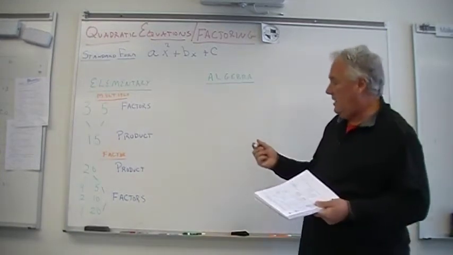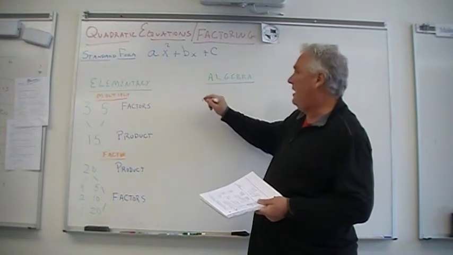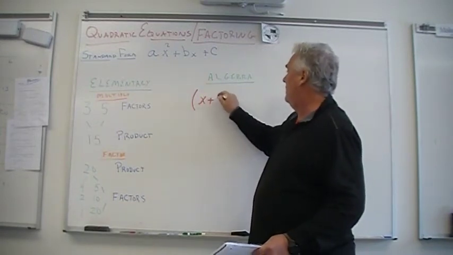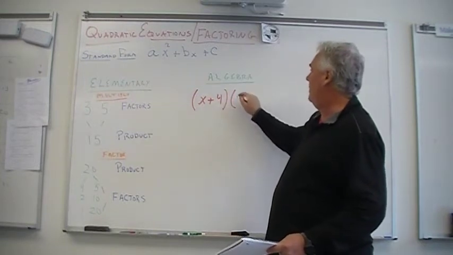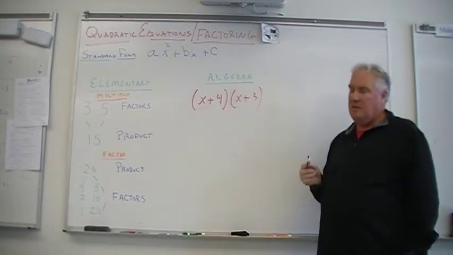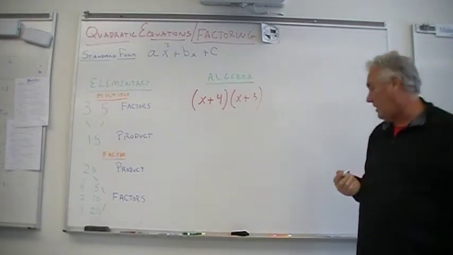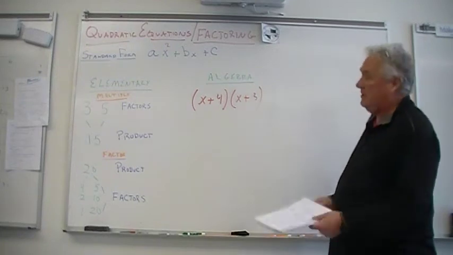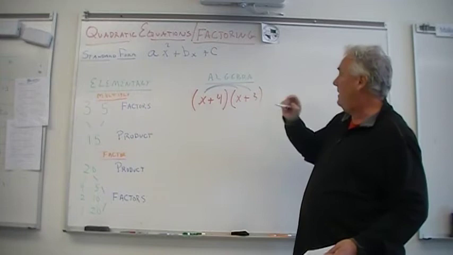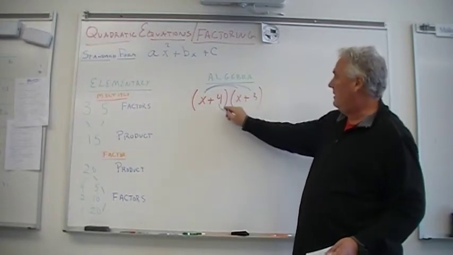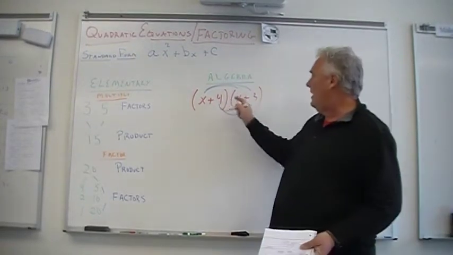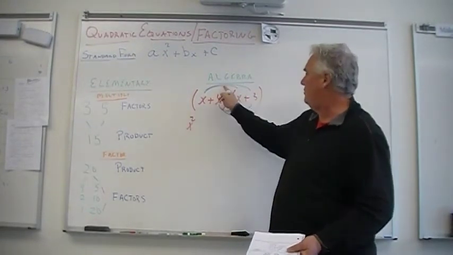You guys learned in Algebra 1 the concept of FOILing, which is multiplying, that we take this and we take this and we multiply it together to get a product. And that it's really just double distribution. It's this times both of these, this times both of those there. So, x times x is x squared.